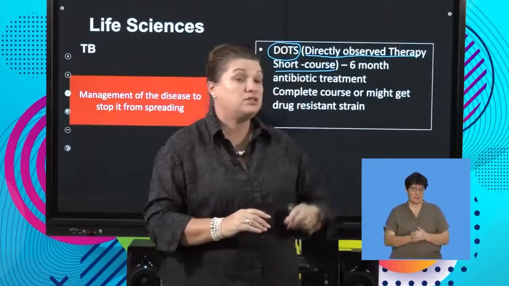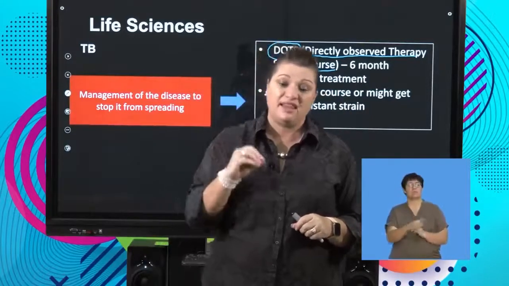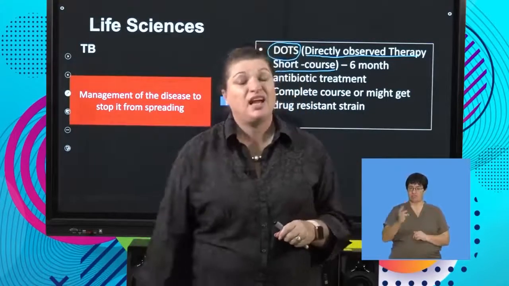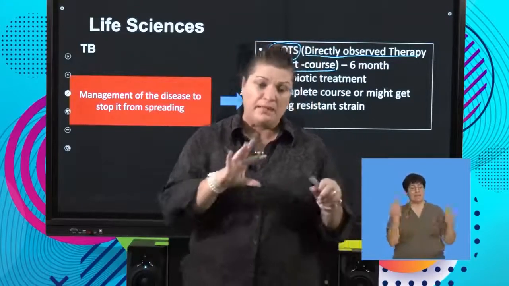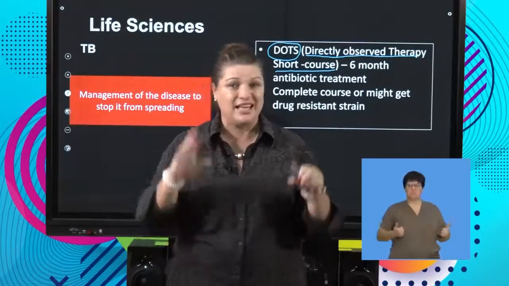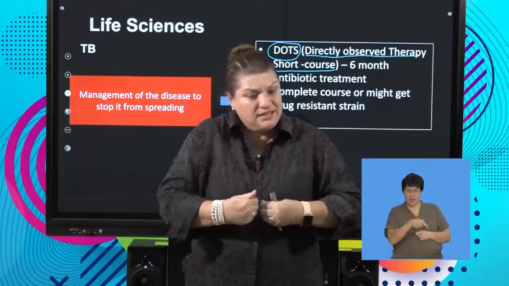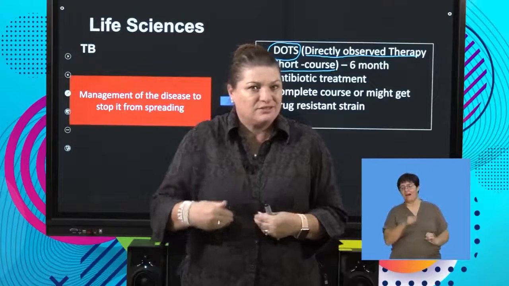And what DOTS is, direct observation, is very simply, they are going to give you your medicine every single day. And it's 6 months worth. And that is the problem, because very often people feel better a little bit after taking the antibiotics, and then they stop. And then that bacteria that is still in your body doesn't die, and it starts developing again.